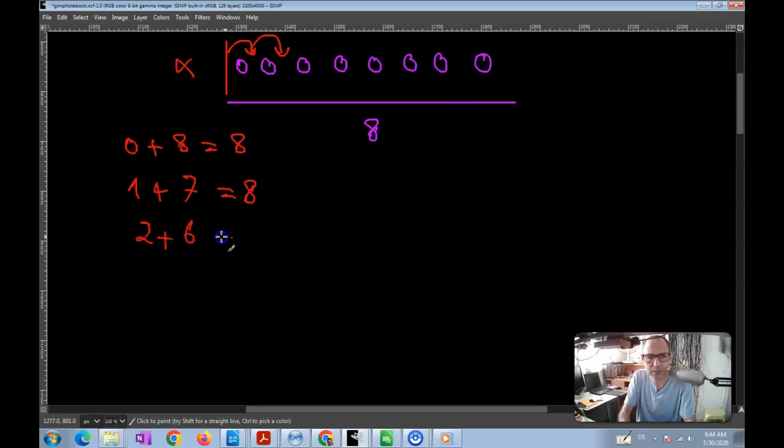So 2 plus 6 would be equal to 8. The same separator, if I put it over here, I have 3 plus 5, which is equal to 8. The same separator, I can put it over here. Then I have 4 bits over here and 4 bits over here. So 4 plus 4 is equal to 8.